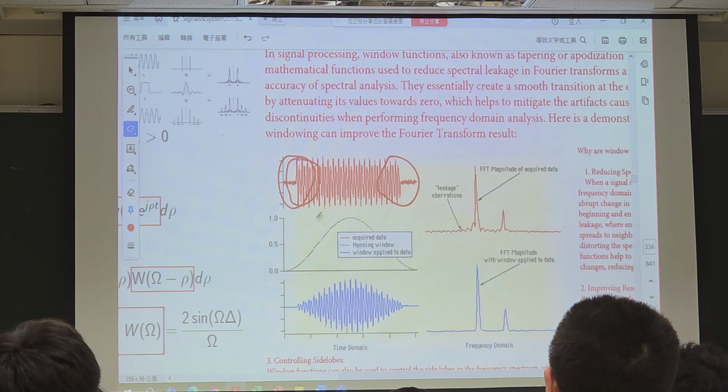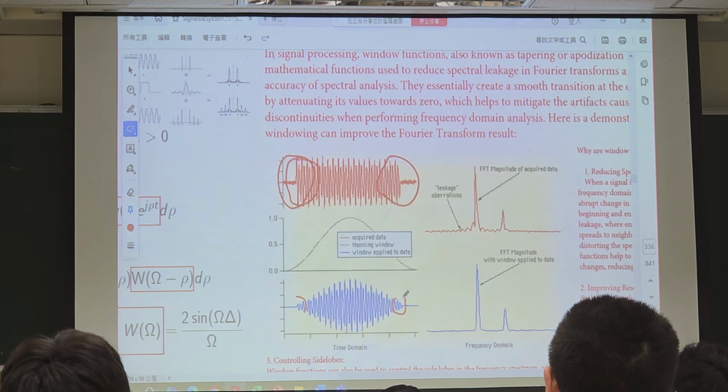So we multiply the original signal by a window. This is a window. And hopefully, after multiplying by the window, the signal will have a better frequency response in some sense.